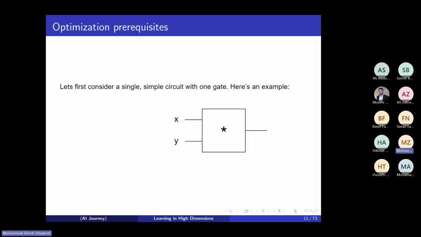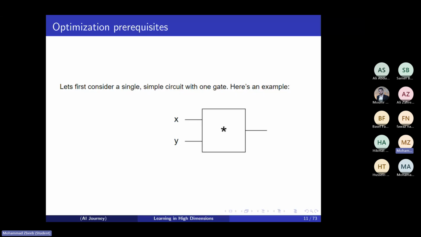Okay. So for the derivative of a function with respect to some variable, we're going to tell you this fact: if you move this variable in the direction of the derivative, you're going to maximize the function. As simple as this.